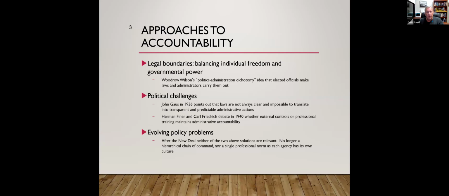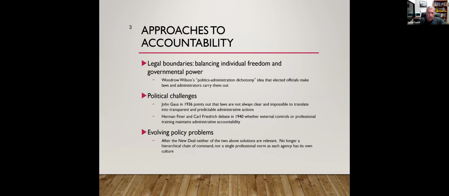So there is policy formulation that naturally goes on among administrators on the administrative side of the equation. Policy formulation doesn't just happen on the political side. So we started to recognize in the 1930s, thanks to John Gaus, that the politics and administrative worlds really do start to overlap with each other.